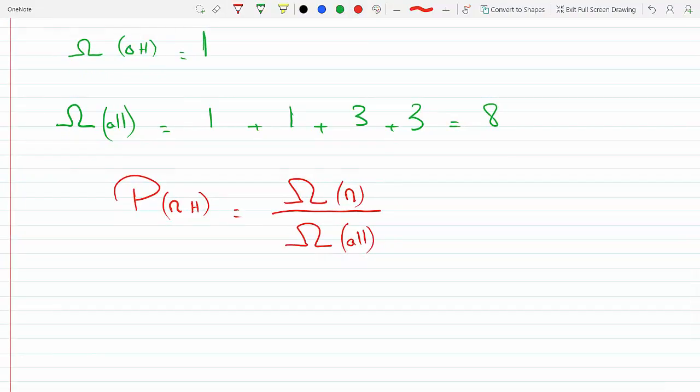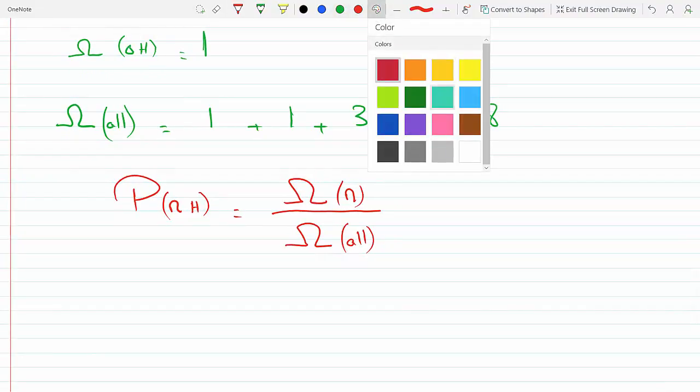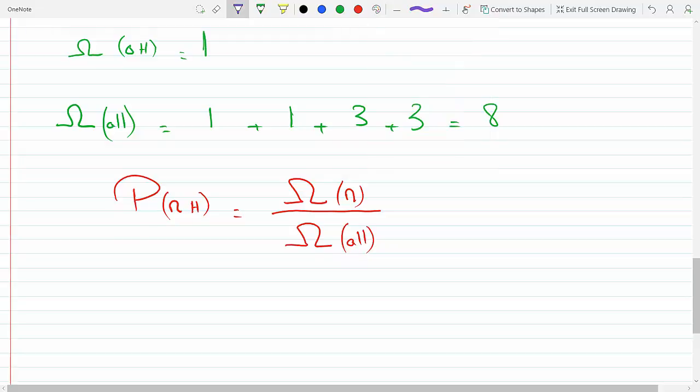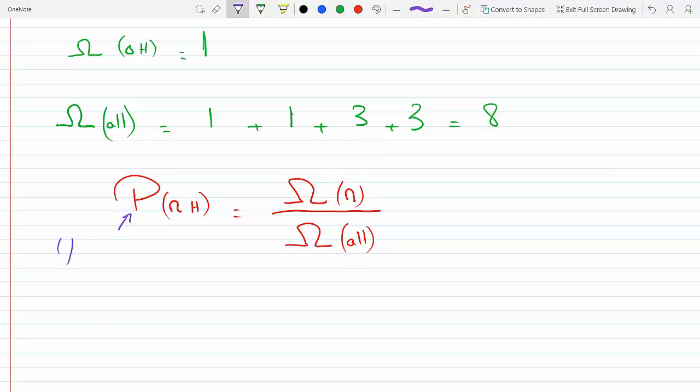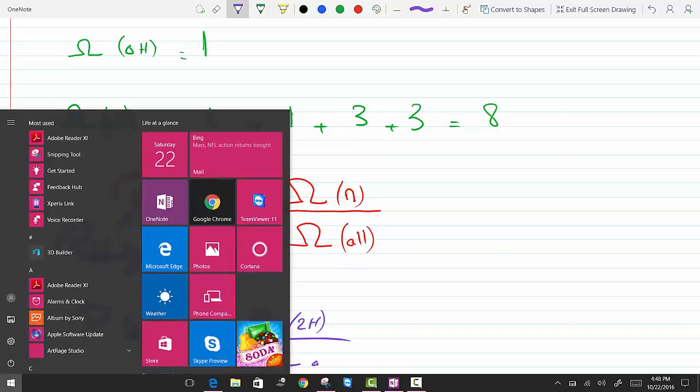So for example, let's do an example on this. Suppose that I want to find the probability of getting 2 heads. I'll call the probability P, by the way. So this would be the multiplicity of getting 2 heads, which we discussed above, divided by the multiplicity of all.